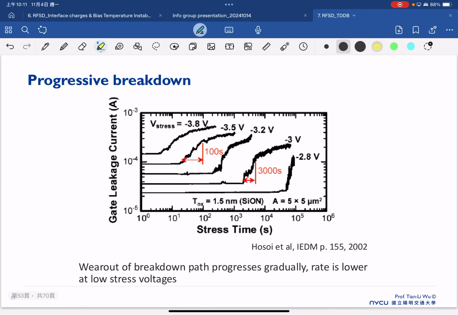And this is another experimental result, trying to understand how different bias causes a different time from soft breakdown to hard breakdown.